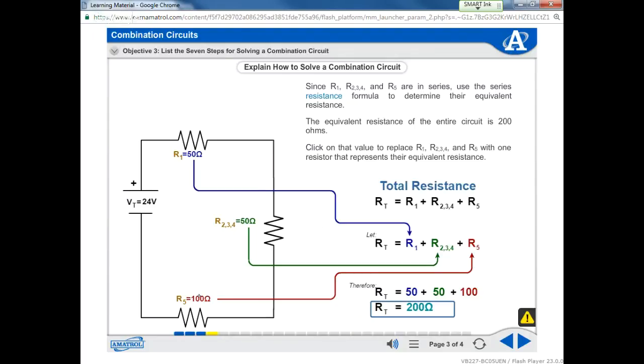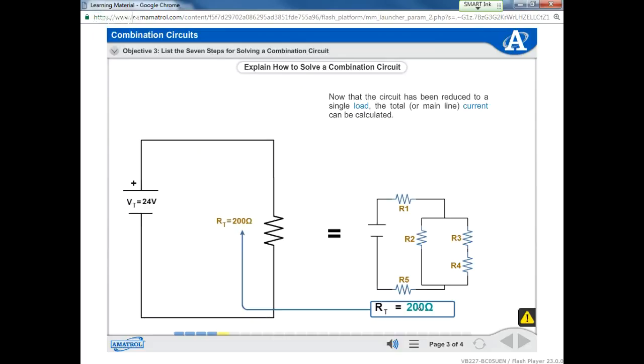Okay, and so, what are they? Click on 200. I think that's right. Now that the circuit has been reduced to a single load, the total or main line current can be calculated. Click on the resistance R sub T and the source voltage to calculate the total current. What formula are we going to use to calculate current?